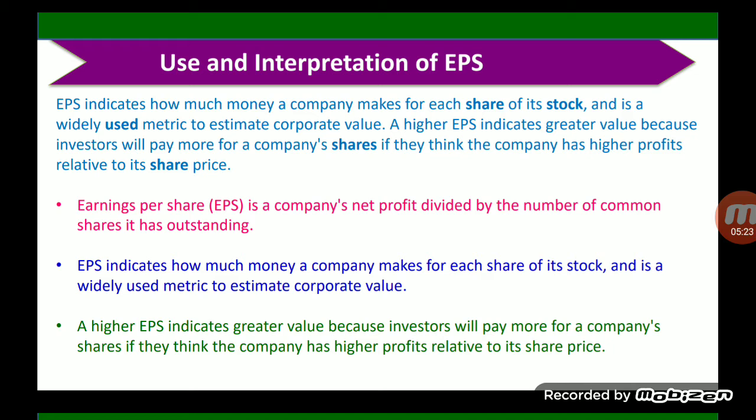Earning per share is a company's net profit divided by the number of common shares it has outstanding. EPS indicates how much money a company makes for each share of its stock, and is a widely used metric to estimate corporate value. Higher EPS indicates greater value because investors will pay more for a company if they think the company has higher profit relative to its price.